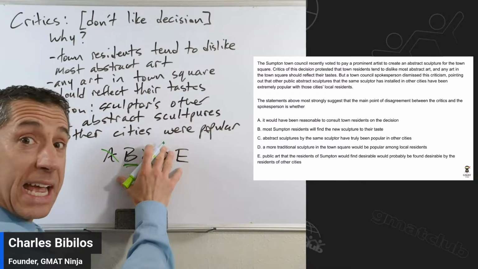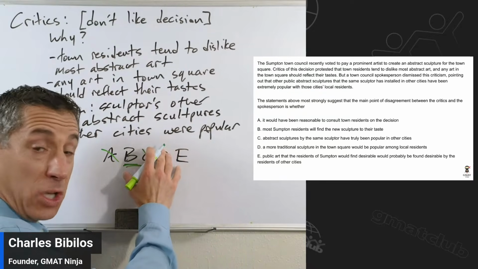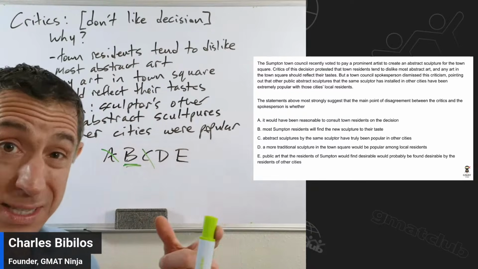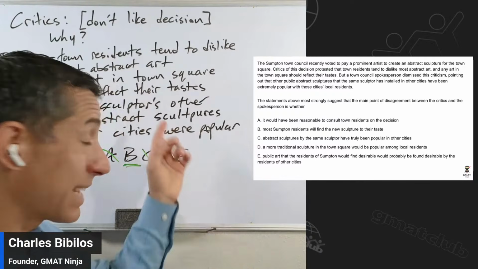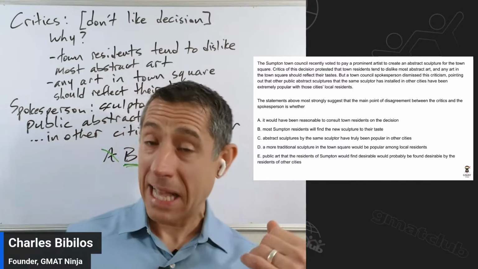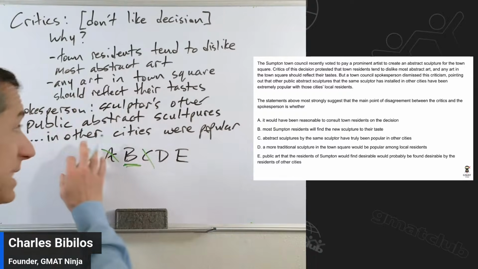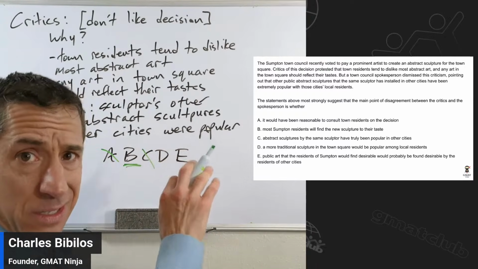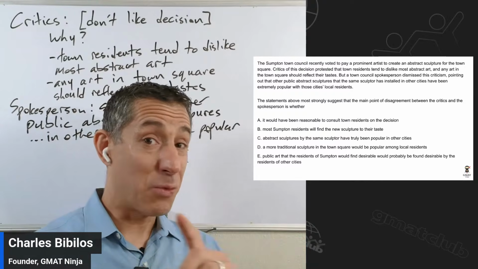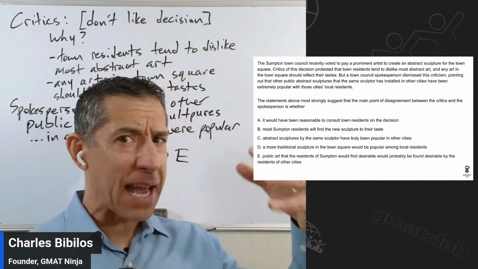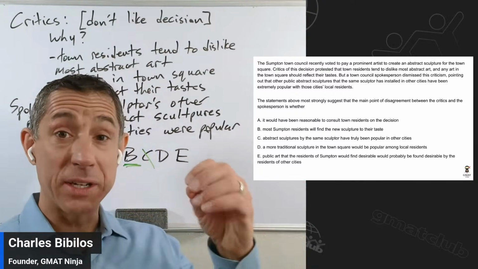Is the spokesperson saying, well, you guys would hate traditional sculpture? We have no idea what the spokesperson thinks about traditional sculpture. We have no idea what the critics think either. All we know is the critics say, hey, this town's not going to like the abstract one. And the spokesperson's saying, yeah, but everybody else does. So there's no disagreement here about traditional sculpture. Again, in real life, there would almost have to be an alternative somewhere in this discussion.